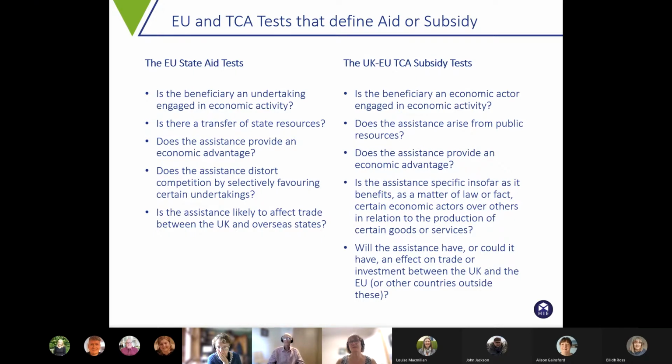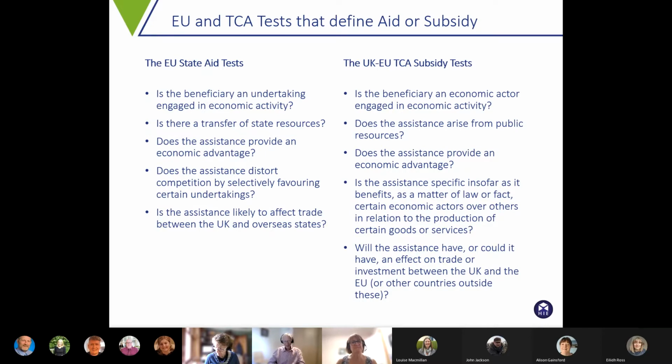Now it's slightly different. Will the assistance have, or could it have, an effect on trade or investment between the UK and the EU? The test is more whether it's likely they're going to have an effect and could actually do some harm to a competitor, or to trade or investment between the EU states and the UK.